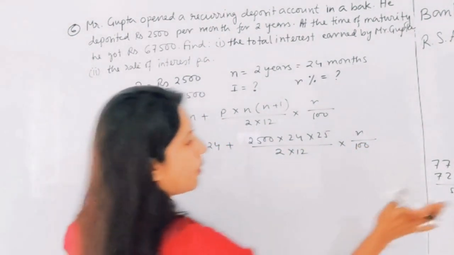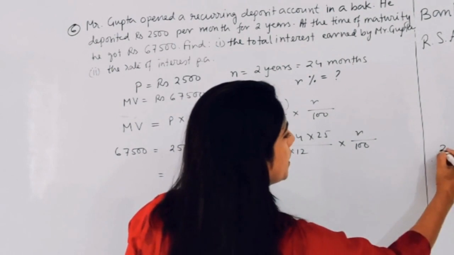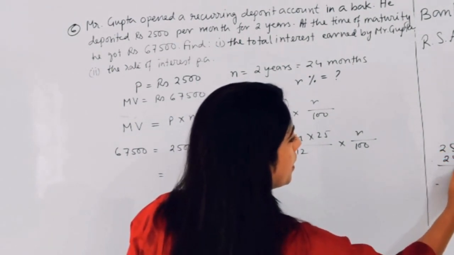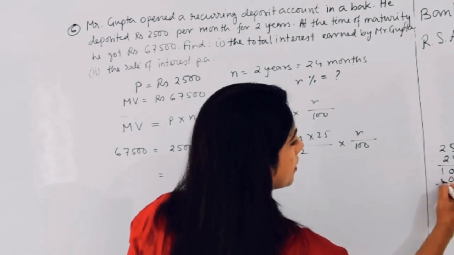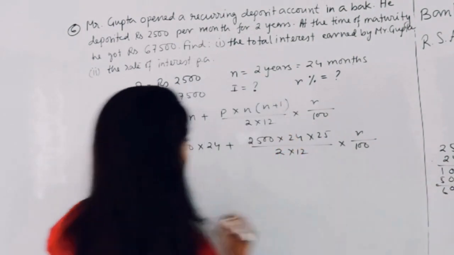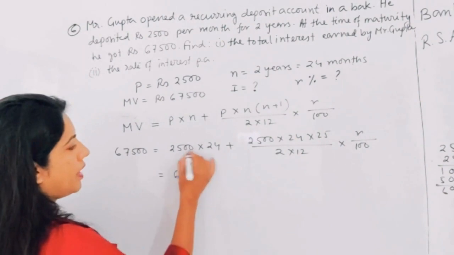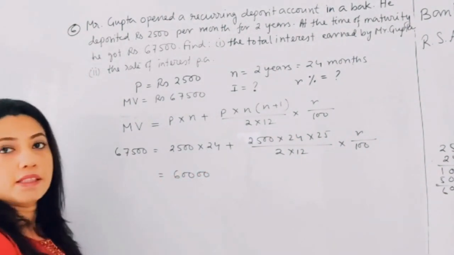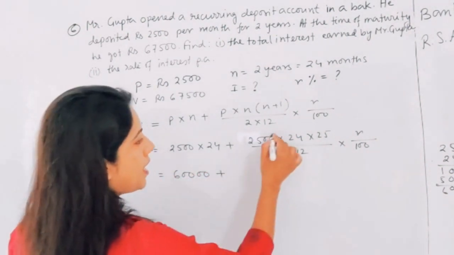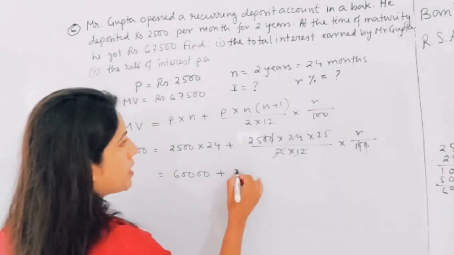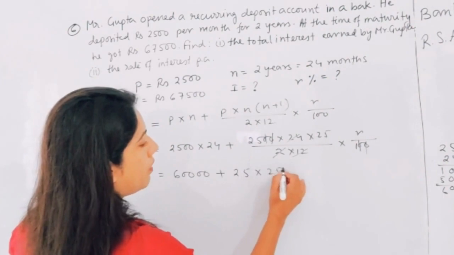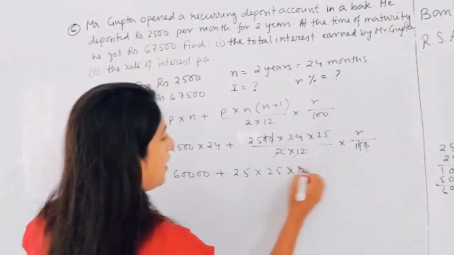Here 25 into 24 we have to do, so let us do this. 25 into 24 is 600. Okay, so 600 and another 2 zeros, 60,000 plus, cancel it out, the zeros get cancelled, 12 to 24. So it is here 25 into 25 into R.